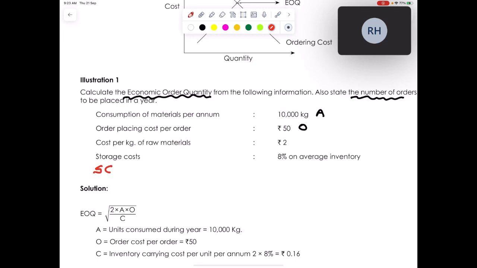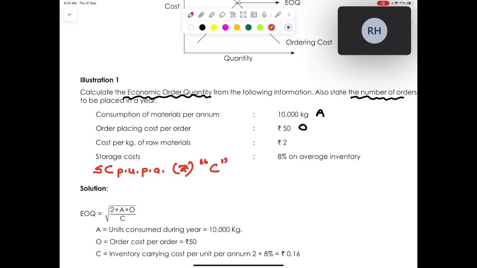I require the storage cost on a per unit, per annum basis in rupees. Storage cost is symbolically denoted by C, and C indicates how much amount I have to spend to hold 1 unit of raw material for a year.